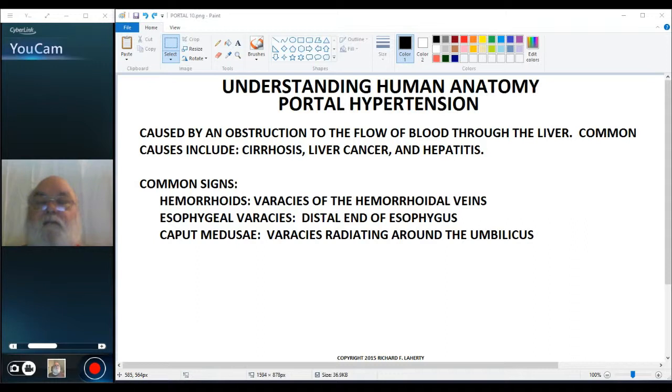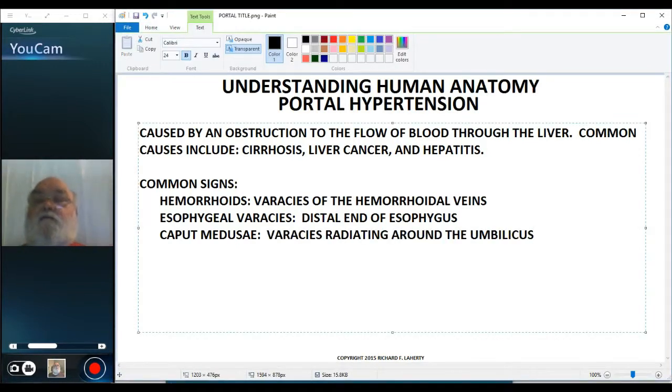Caput medusae is caused by portal hypertension passing through the paraumbilical veins to the body wall, thus causing the varices in the veins of the body wall radiating around the umbilicus.